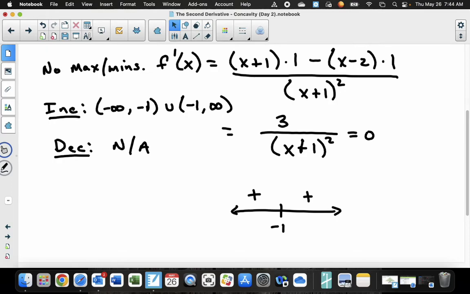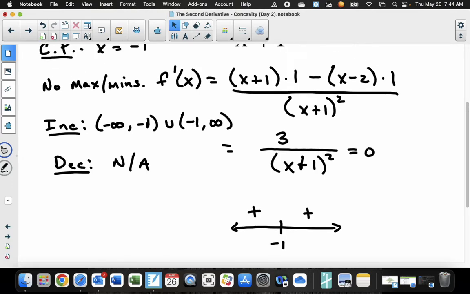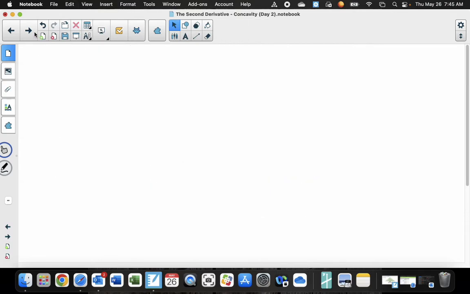Okay? It is not decreasing anywhere. So there's the first derivative test. There's all the stuff that we did Monday, Tuesday. Now we've got to go to the second derivative, the concavity and all that kind of stuff. And so we're going to take our derivative here, which let me just copy into the next page and we'll keep going.